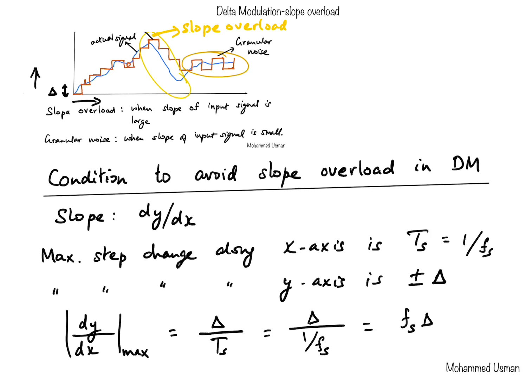Now we want to ensure that this maximum slope of the delta modulator output is at least the maximum slope of the input signal. In that case, we can avoid slope overload distortion in delta modulation.